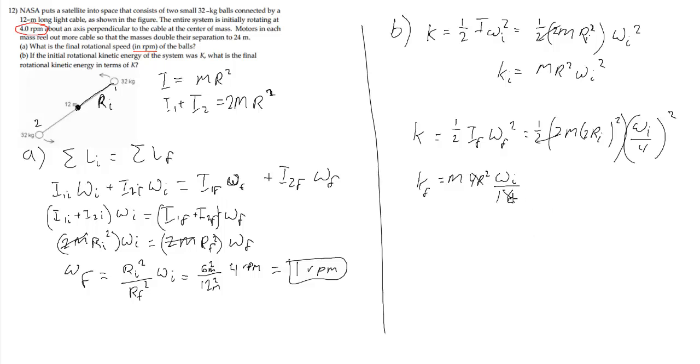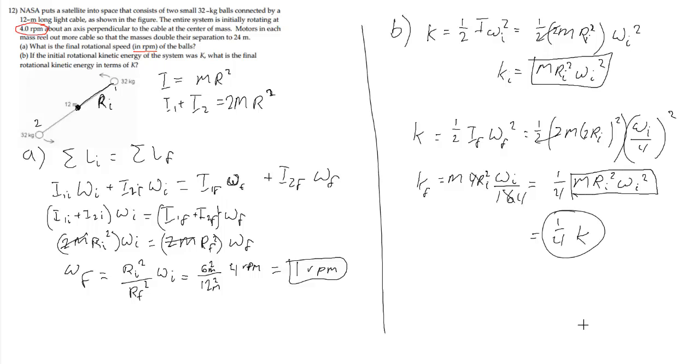Simplifying here, we've got 1/4 r initial, this is r initial squared omega initial squared. And if you look, this right here is K initial. So this is actually 1/4 K, which is our solution, 1/4 K initial.